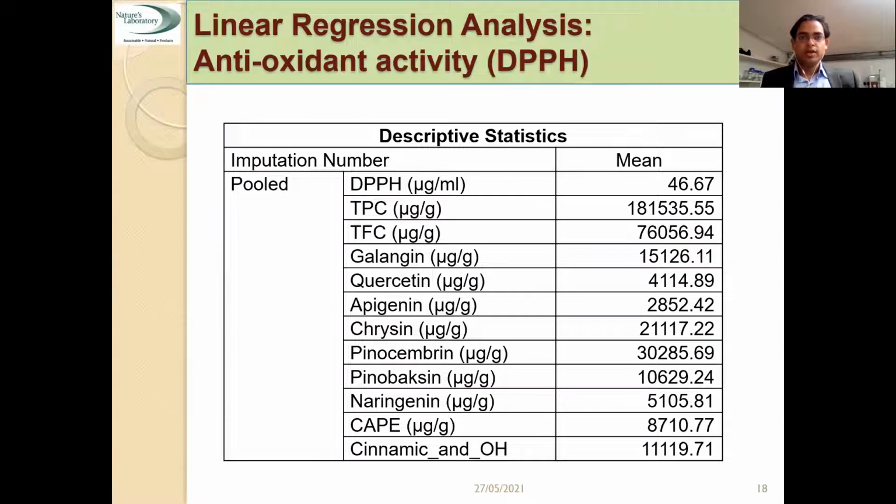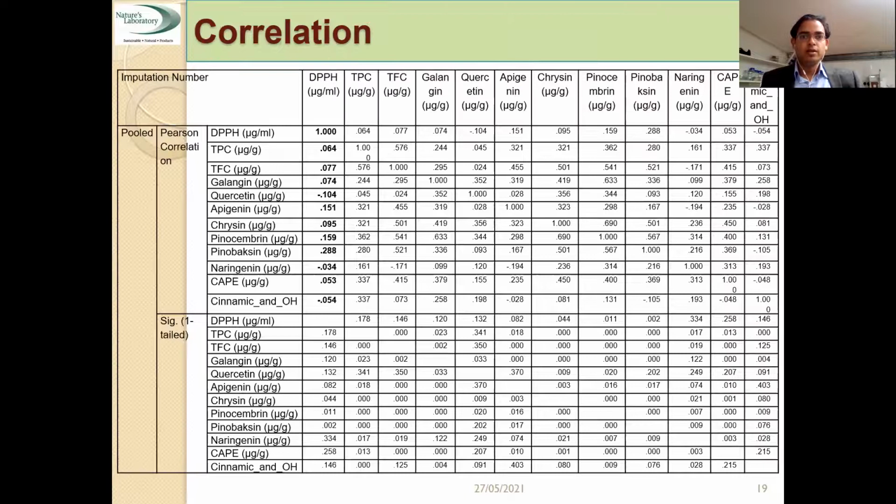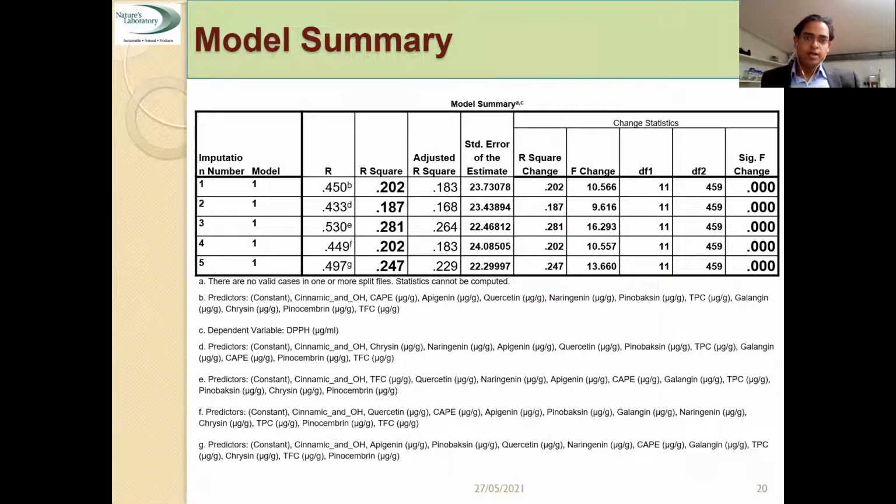Likewise, for antioxidant activity, we performed the same study, just the dependent variable was changed to antioxidant activity in place of antimicrobial activity. And what we found was, again, the R value was a bit lower than the antimicrobial study, but the model was still significant.